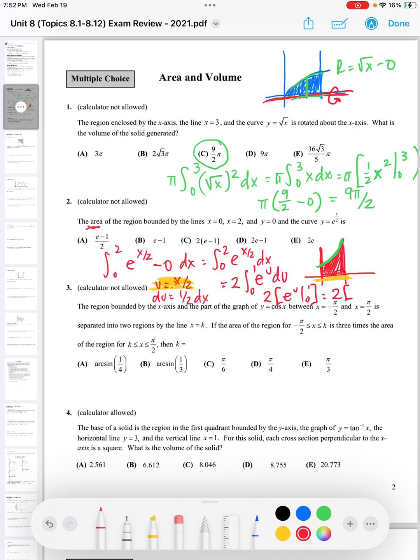So plugging in 1 is going to be e, plugging in 0. Anything to the 0 power is always 1. So my final answer here will be 2 times e minus 1, which is right here for as C.